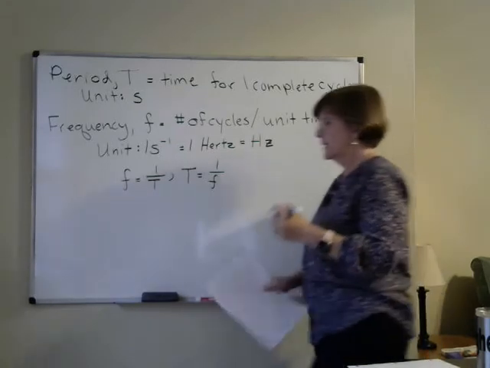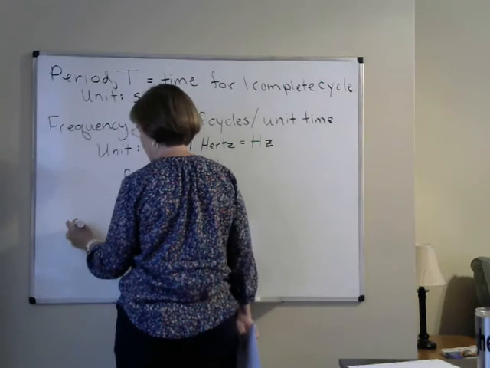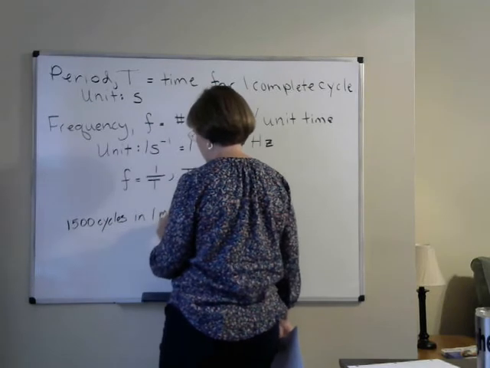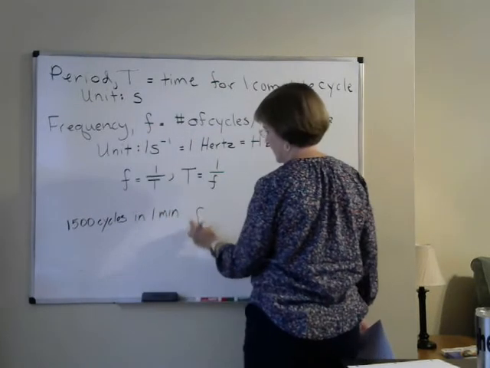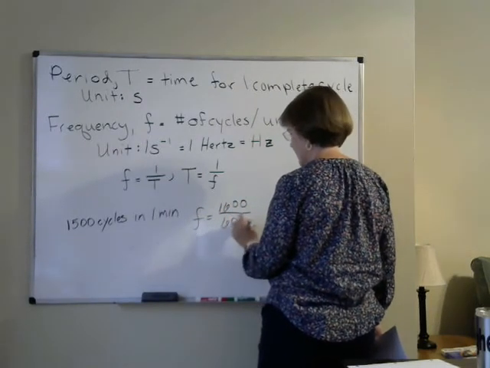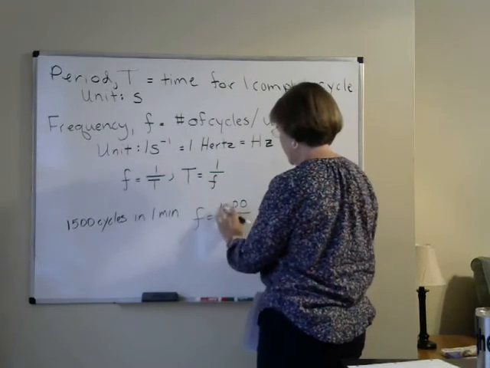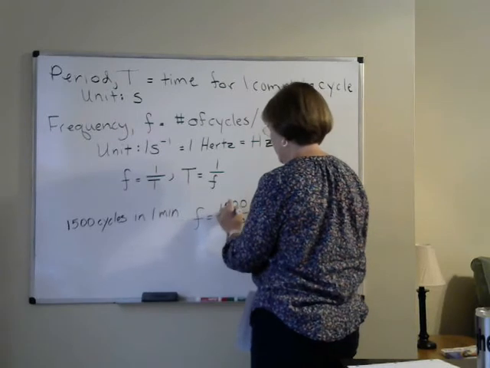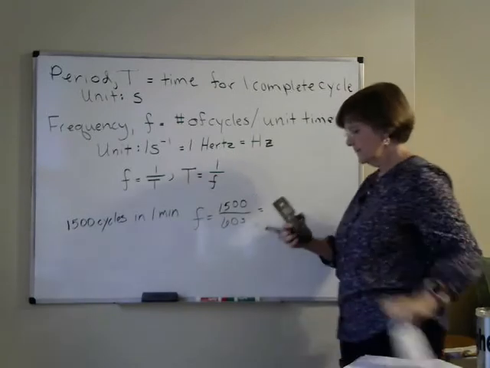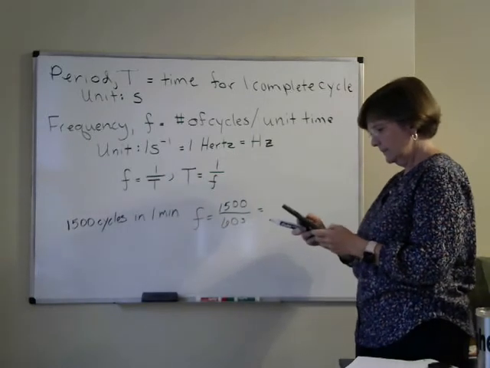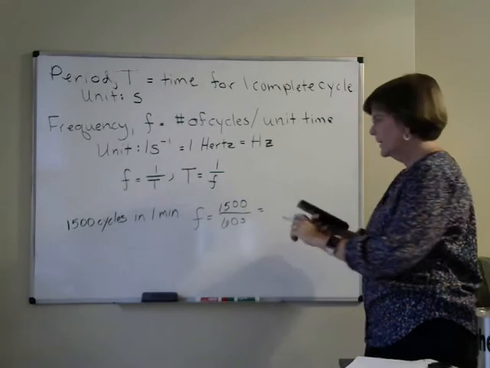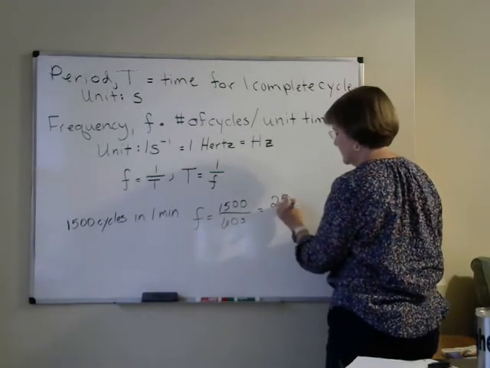If they tell you that something completes 1,500 cycles in 1 minute, then the frequency is 1,500 divided by 60 seconds, which comes out to be 25 hertz.